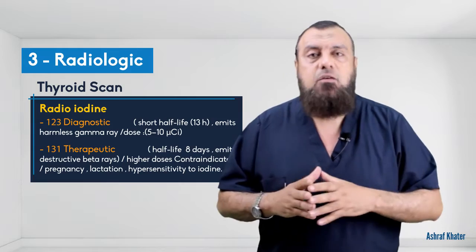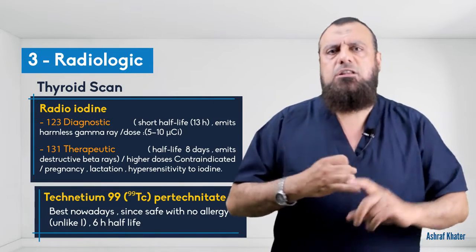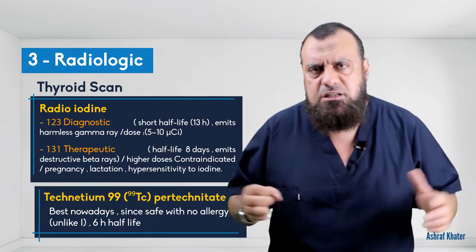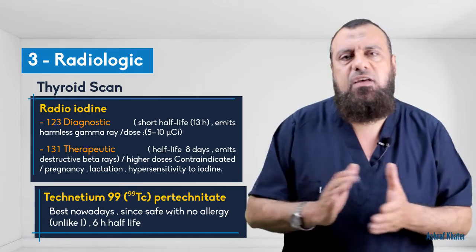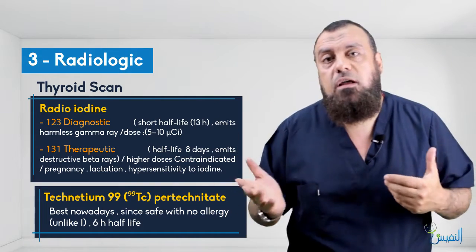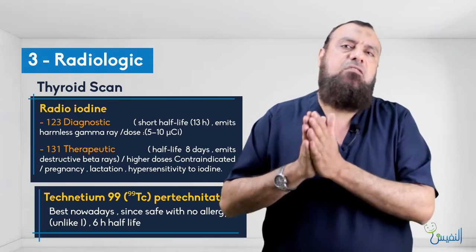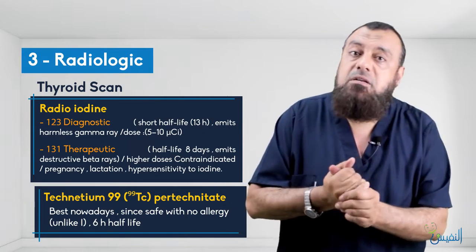But recently we use the technetium scan because it is harmless, it has a very short half-life, nearly 6 hours, and it is very safe, and more practical than iodine. So iodine nowadays is reserved for ablative means only, and the diagnosis depends on the technetium 99 pertechnetate thyroid scan.